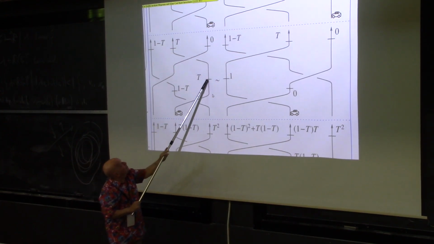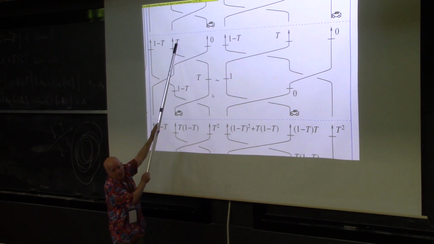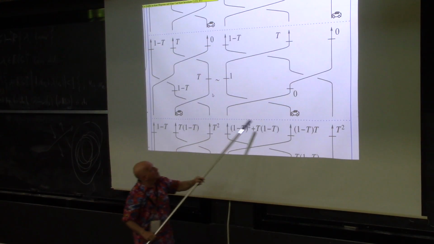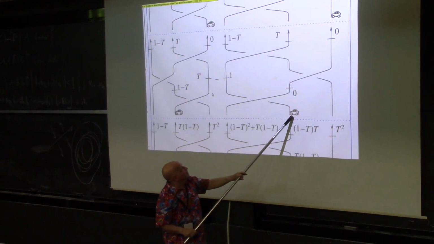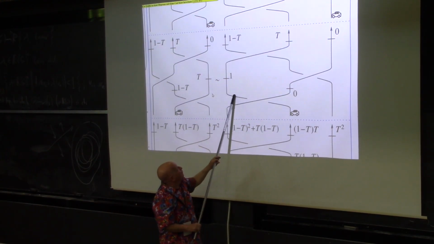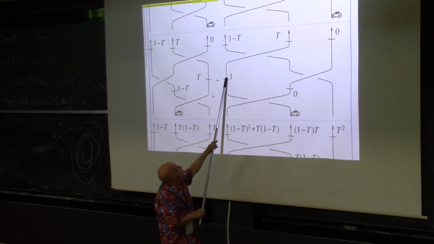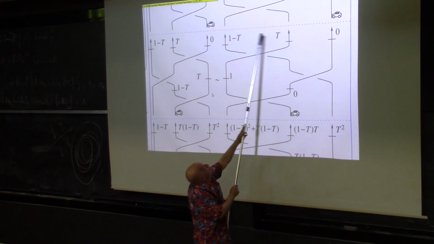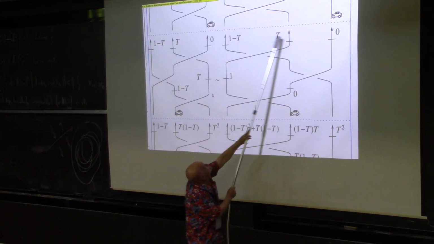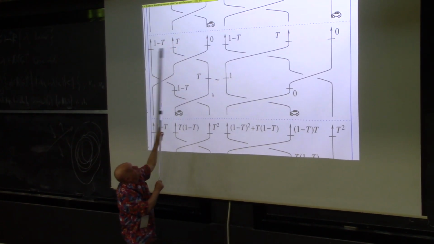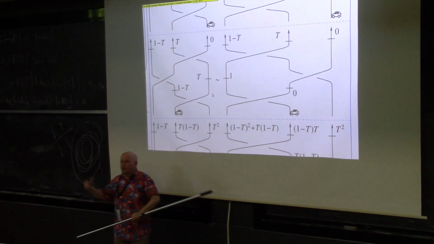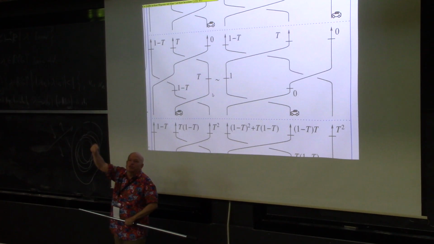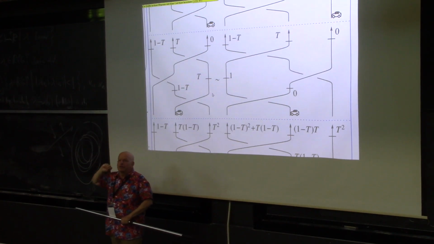Those that get to here will continue to here and exit here with probability t. Likewise, on the right-hand side, you first pass through the first interchange, and with probability 1 you come here, and then with probability t you're here, with probability 1 minus t you're here. These three numbers at the top are the same, so if you enter in the middle, you'll exit with the same distribution, no matter whether it's the left or the right.